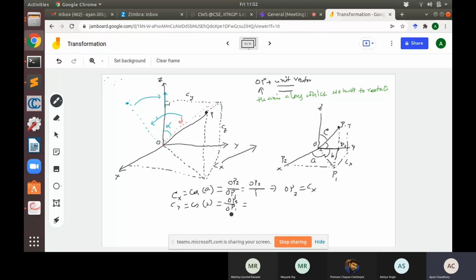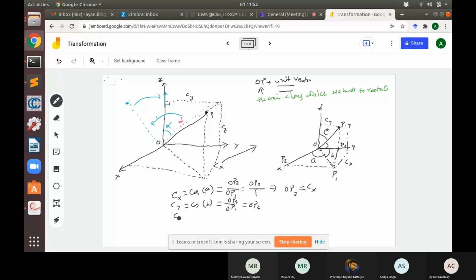Again OP1 is 1, so OP3 is equal to Cy. So this will also be Cy. That's what I have written here.